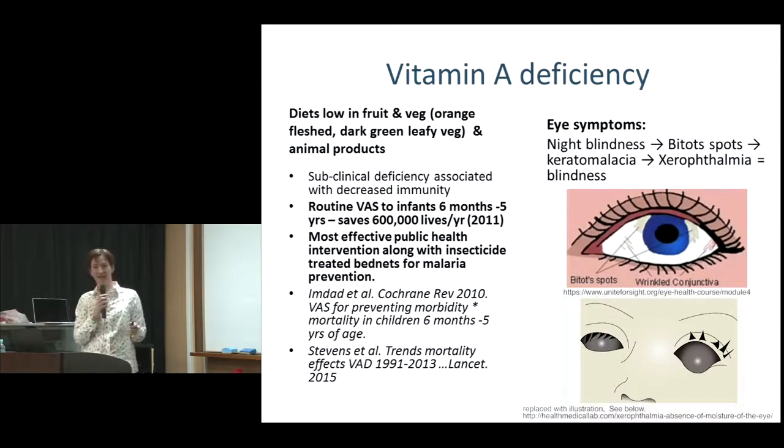So that study of Alfred Sommer then led on to intervention studies, and in the interest of speed, I haven't shown you all those studies which were being conducted giving supplementation, but it's now accepted that there's really strong evidence that giving vitamin A supplements to children 6 months to 5 years of age reduces mortality when there are populations at risk of deficiency.